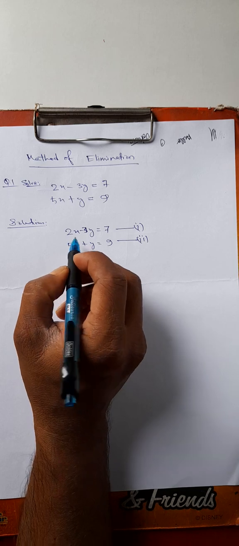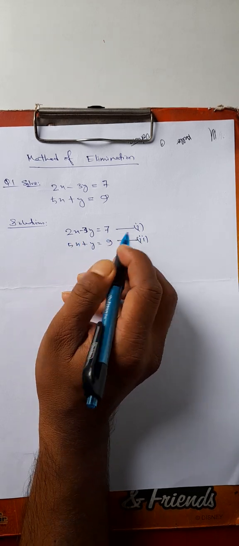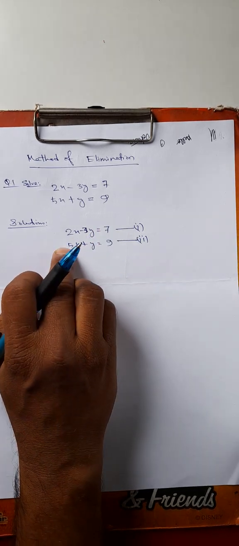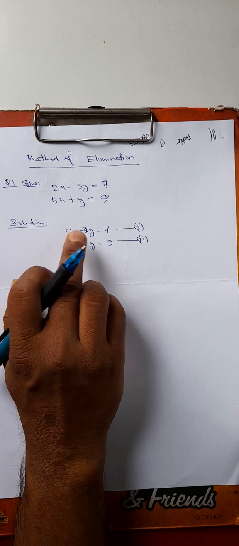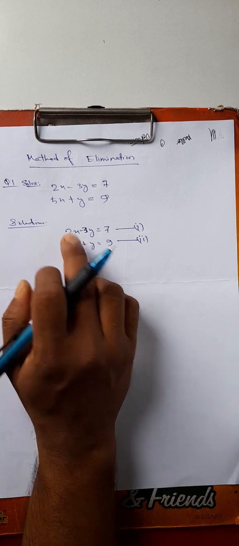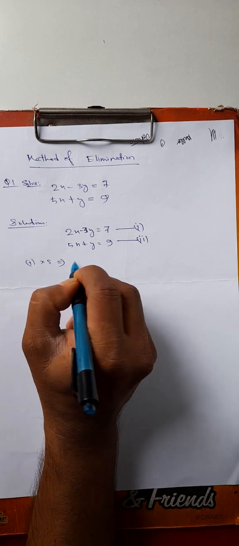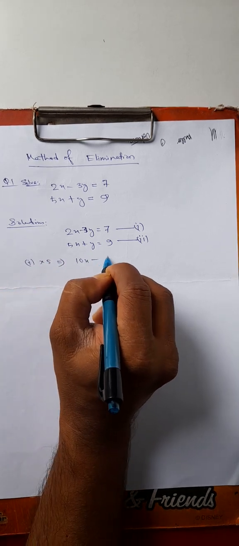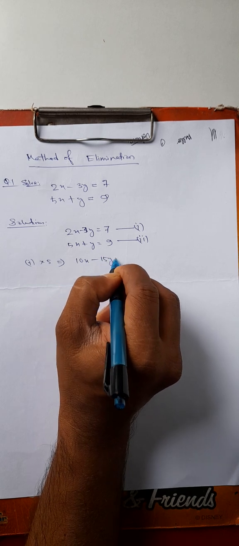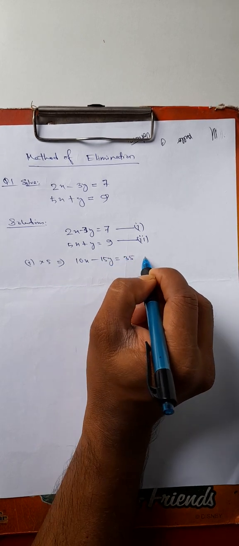So let's see, we will multiply equation 1 by 5 and equation 2 by 2. Then coefficients of x will be 10, right? Equation 1 multiplied by 5 gives 10x minus 15y equal to 35.